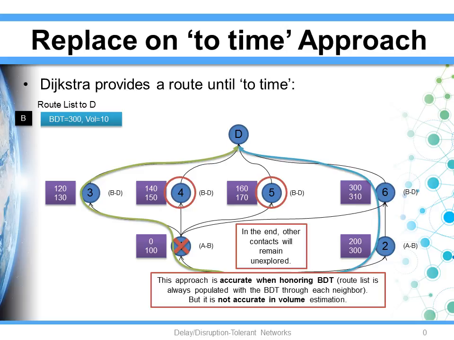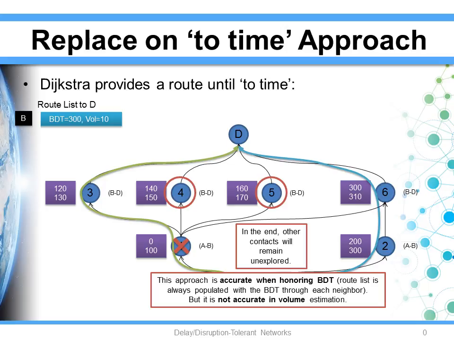So this is not a problem if we only account for best delivery time. If we always want to have the route list updated with a path with the best delivery time, this method is correct and will always guarantee that the route list to D is populated with entries which provide the best delivery time through all local contacts to neighbor B in this case.